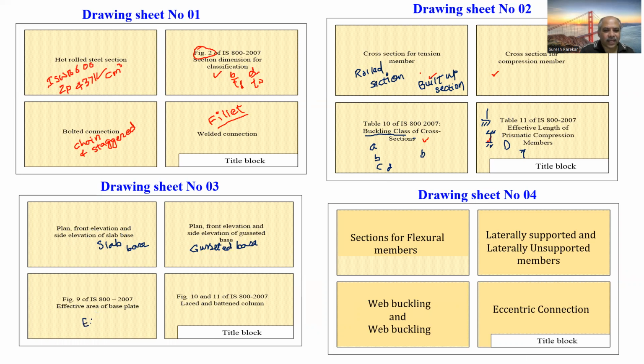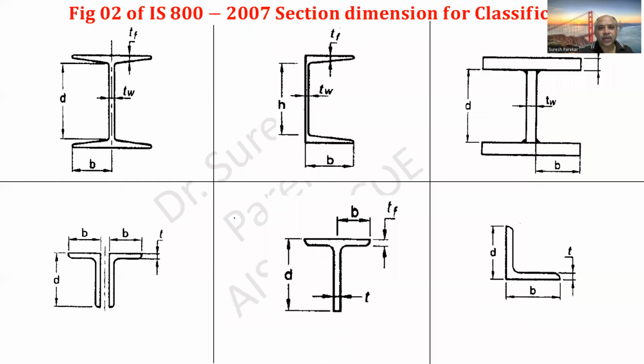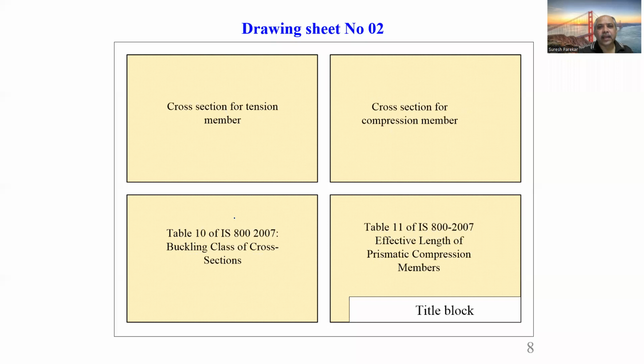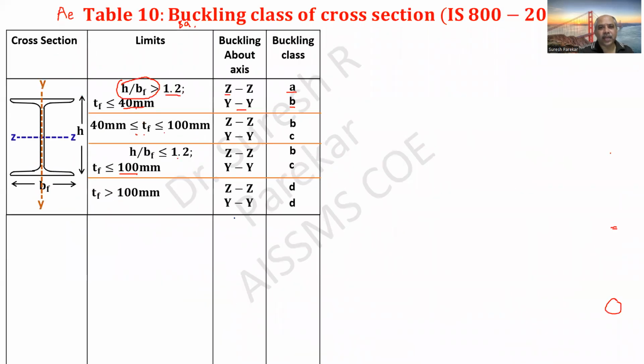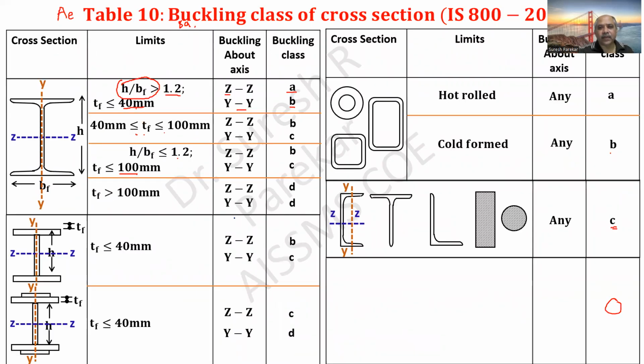Actually we need not go for this; we do not have this in the syllabus. And last we have lacing and batten columns. So we have these four parts of sheet number 3. Now we will go directly to sheet number 3 after your effective length.